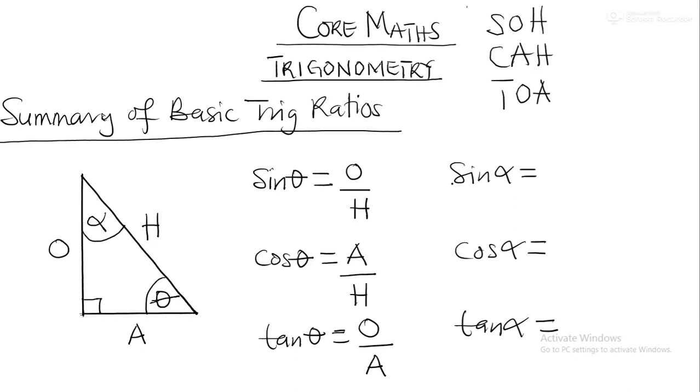I gave you an assignment. I told you to find the trig ratios for sine alpha, cos alpha, and tan alpha. I hope you've done it. Let's look at the solution and then you compare it with yours. Sine alpha: we know that sine is always opposite over hypotenuse.